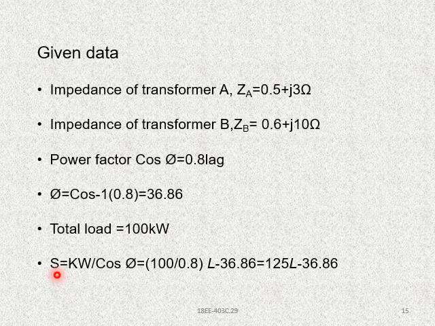The value of S is kW by cos phi, as I've said: 100 by 0.8 at an angle of minus 36.86, since the angle is lagging, so it is minus. That is 125 at an angle of minus 36.86. Just make a note of this.